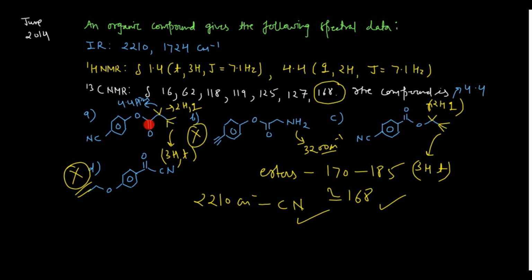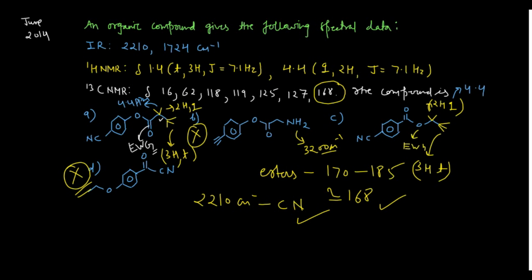CH2 is connected with the carbonyl. This carbonyl is actually an electron withdrawing group, so it will deshield the nuclei and cause the downfield shift for these 2 hydrogens. But again you can see here this oxygen is also very highly electronegative, so it is also an electron withdrawing group.